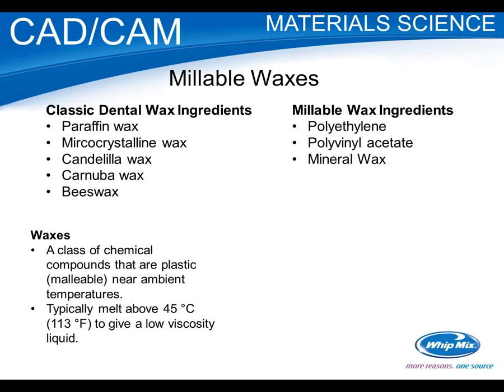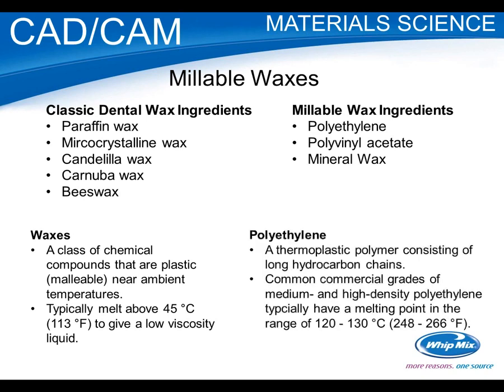They're just more so, in that if you looked at the chain length and the complexity of the hydrocarbon chains in your classical dental wax, they're simpler and shorter. Where on the millable wax, even though they have names like polyethylene and polyvinyl acetate, they're really just longer chains and more branched. And they may have some special groups in there, but in general, they behave kind of the same. But because they're longer, they really increase that melting point.